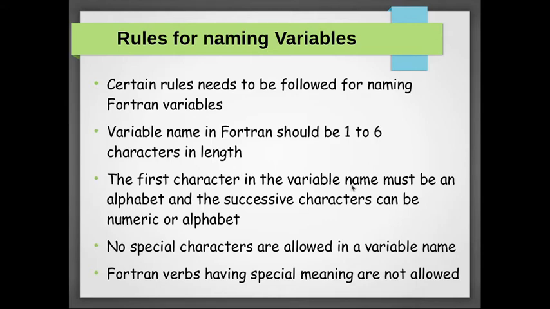SIGN is a special function in Fortran which evaluates the sign of the number, or ABS, absolute, or for that matter something like EXP, exponential. These are Fortran verbs which have special meaning, used for specific purposes. You can't use them as the names of variable, that is, names of memory location. The compiler will show an error.